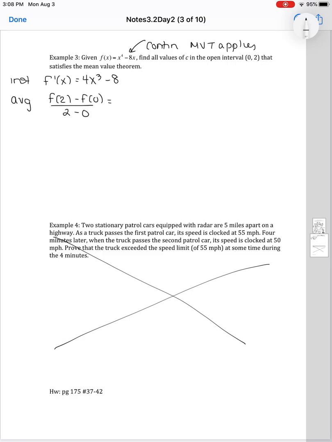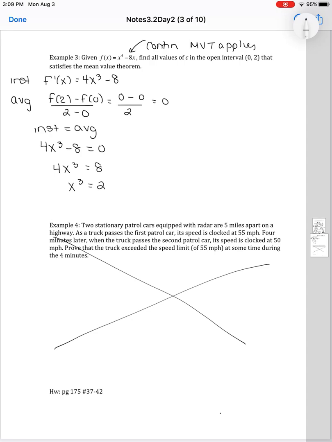Then we're going to get the average. So average would be f of 2 minus f of 0 over 2 minus 0. So f of 2 gets me 0. f of 0 gets me 0 over 2. So I end up with 0. So now I'm taking the instantaneous and setting it equal to the average.